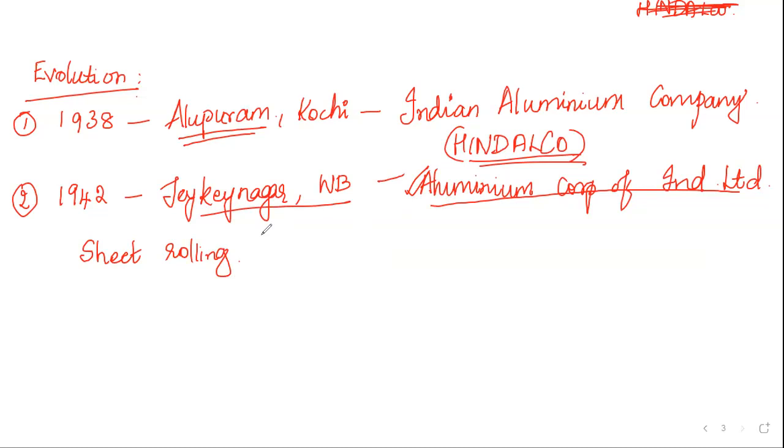And then there were markets. That was the second advantage. There were markets, especially for utensils. And then you had sheet rolling. If you Google, you can find that aluminium sheets are rolled like on big paper kind of. So that is sheet rolling mills, and the demand for them was there. That's the reason why this industry flourished.